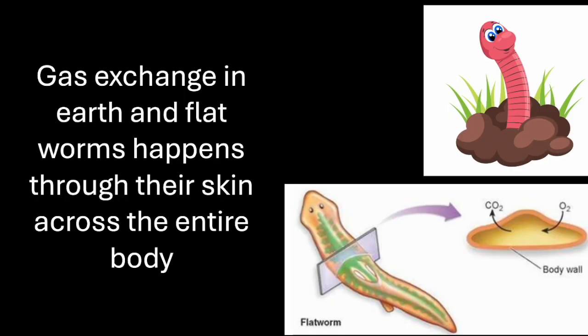So for my last couple slides, there are a few other ways that animals have evolved respiratory systems. For example, gas exchange in earthworms and flatworms happens across their skin. So they can just exchange the gas through their pores and obtain oxygen from the environment.